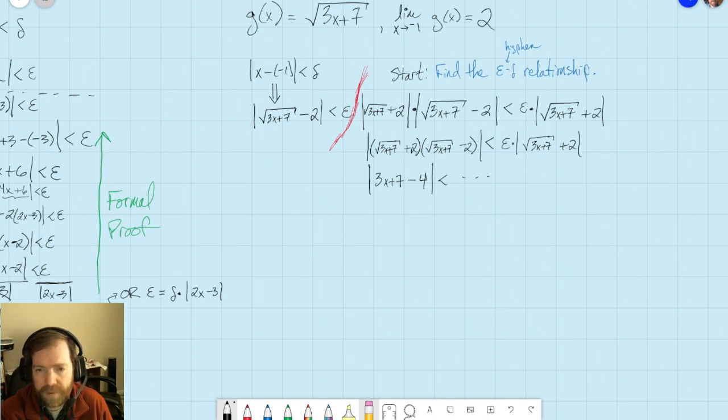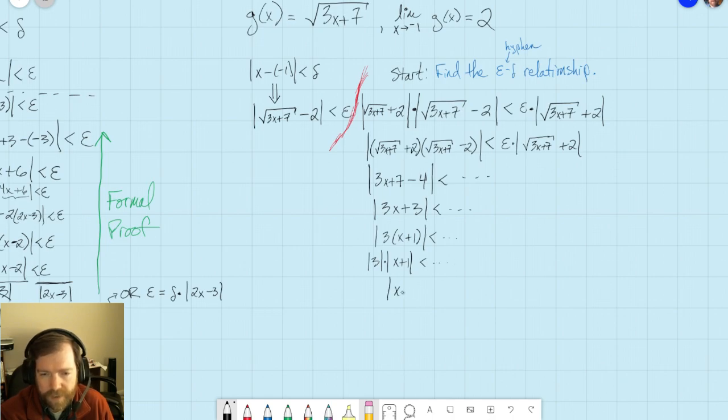Is less than the same stuff we had up above, so I'm not going to recopy it. Over here, we get the absolute value of 3x plus 3. We get the absolute value of 3 times x plus 1. And now it's all fallen together. The absolute value of 3 times the absolute value of x plus 1. And now this is the absolute value of x minus negative 1, or just x plus 1 if you want to keep it that way. That's fine too. Is less than all of this stuff from above.